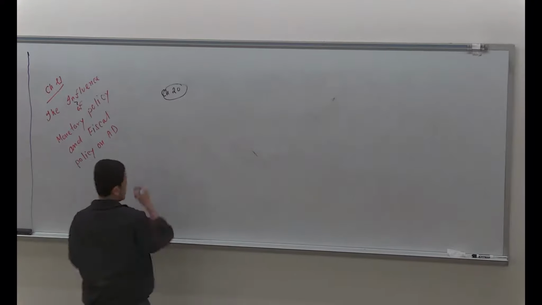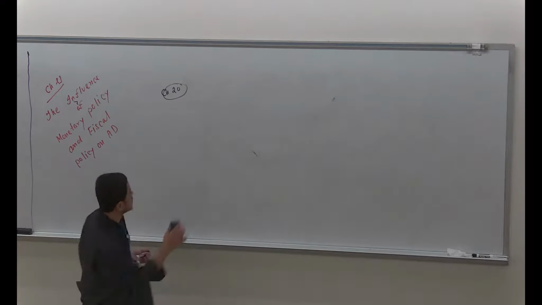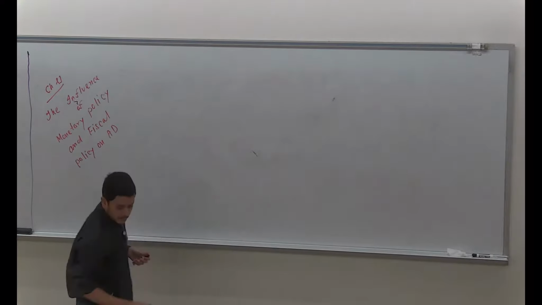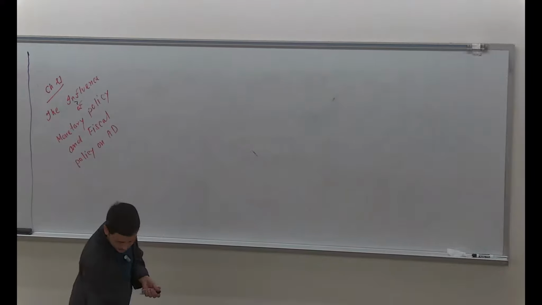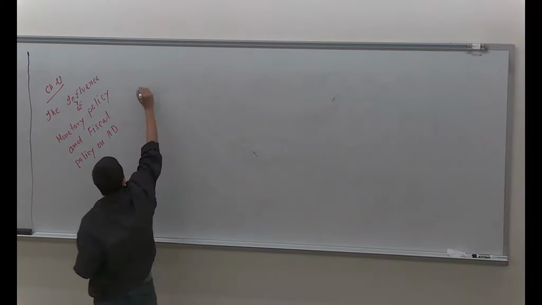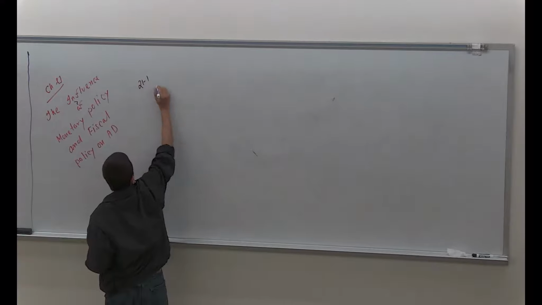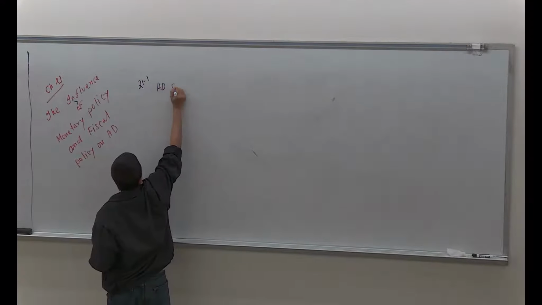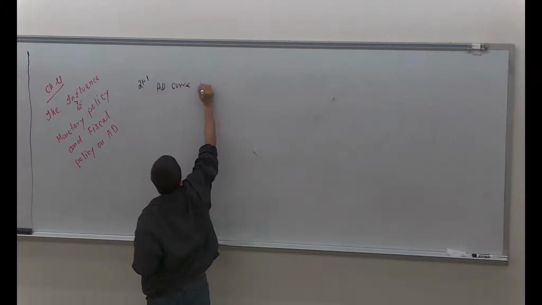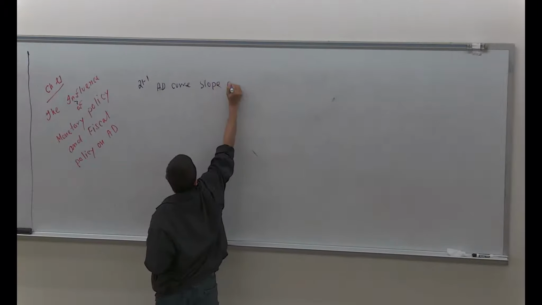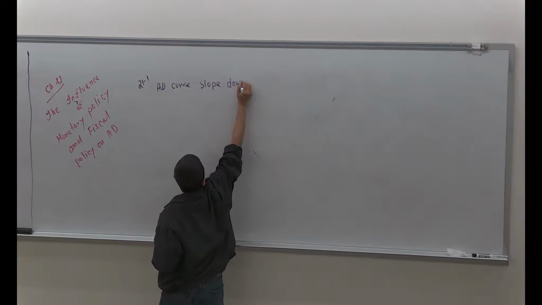I explained it in the last class, but I want to explain it again. This is 21.1 in your book: why does the AD curve slope downward? Why is this downward sloping?